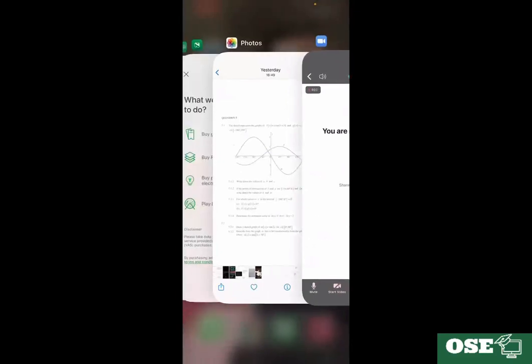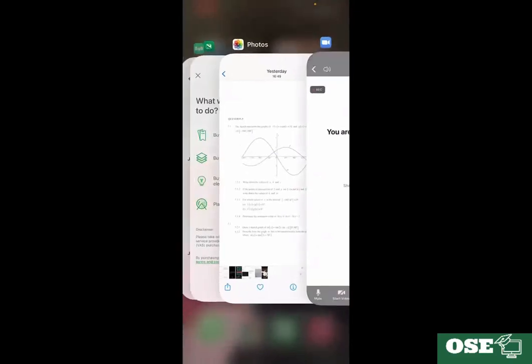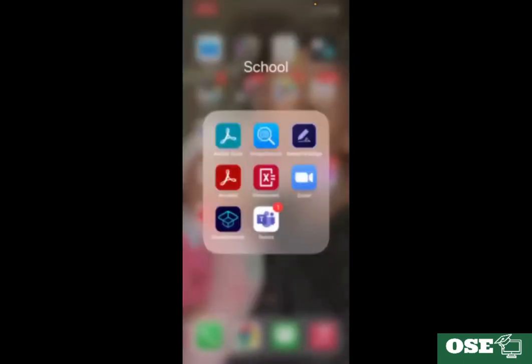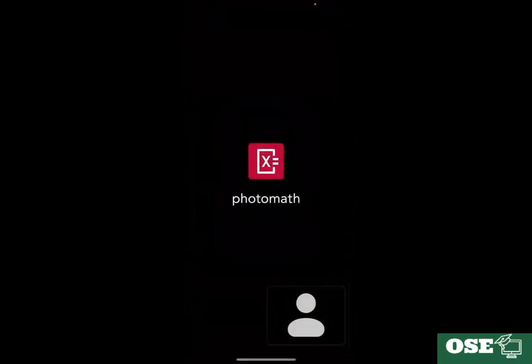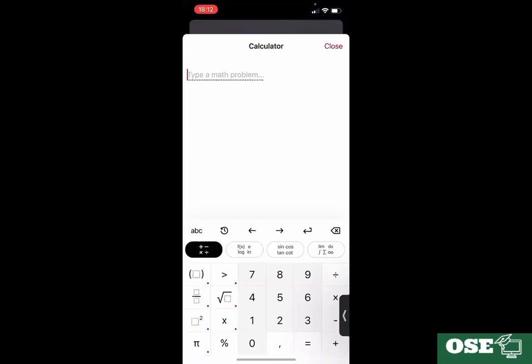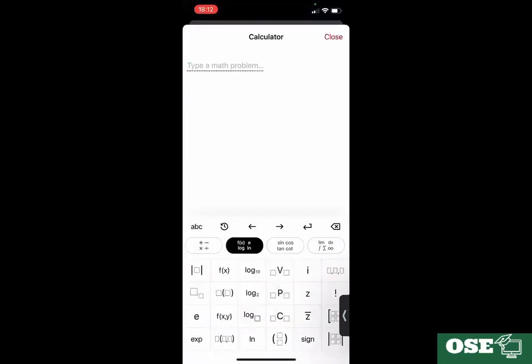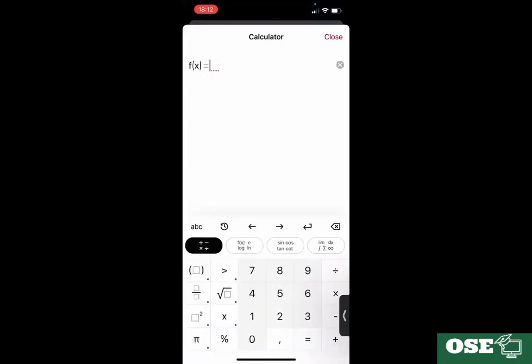It says draw the sketch graph of m of x equals 10 to x. So it says f of x is equal to 10 to x.